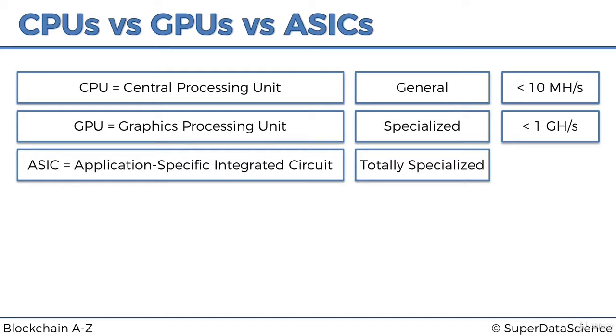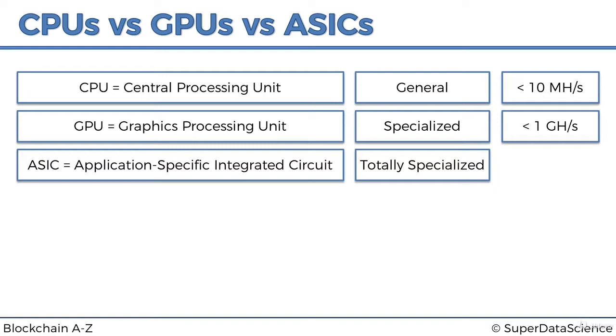The integrated circuit of this device is designed in such a way that the device doesn't have to perform any operations like put this bit here, add these two bits, divide this by this, and so on, like the CPU or the GPU. The ASIC device relies exclusively on its circuit to perform that calculation.